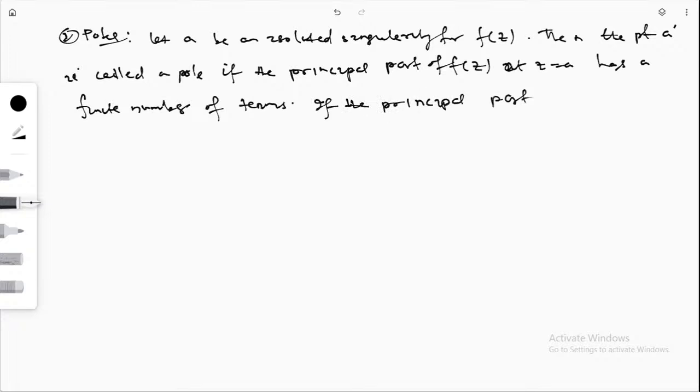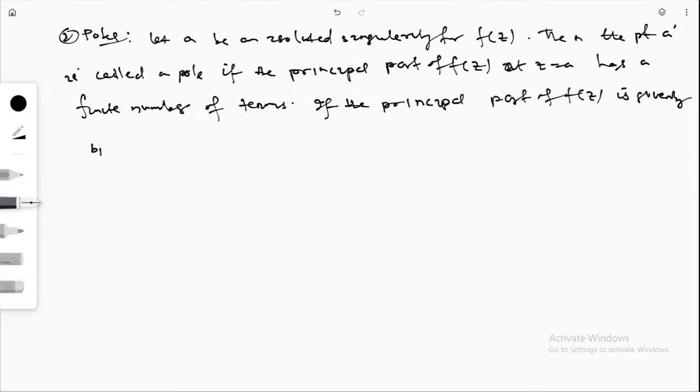If the principal part of f of z is given by, I will write only the principal part, where the negative powers of z minus a occur.